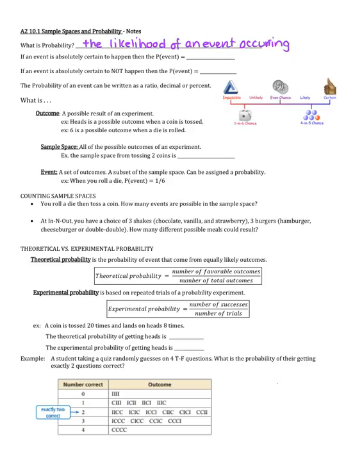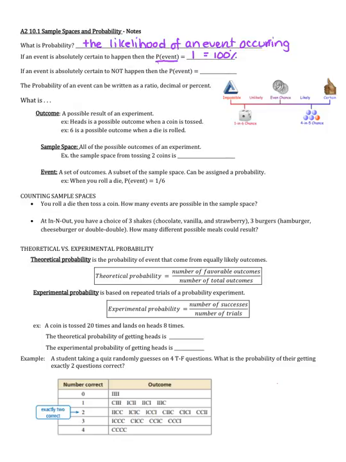So if an event is absolutely certain to happen, which is a really hard probability to find, we say the probability of that event, and this is how we write it, equals 1, which is equivalent to 100%.